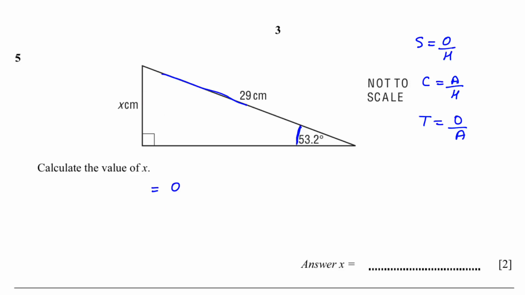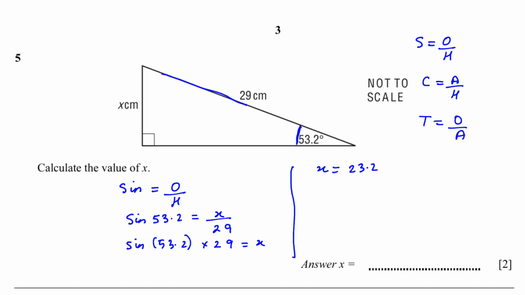So opposite is given to us, hypotenuse is given to us. It means we need to find sine. Sine 53.2 is equal to x over 29. This 29, when we bring here, it will become multiply. Sine 53.2 multiplied by 29 will give us x is equal to 23.2.